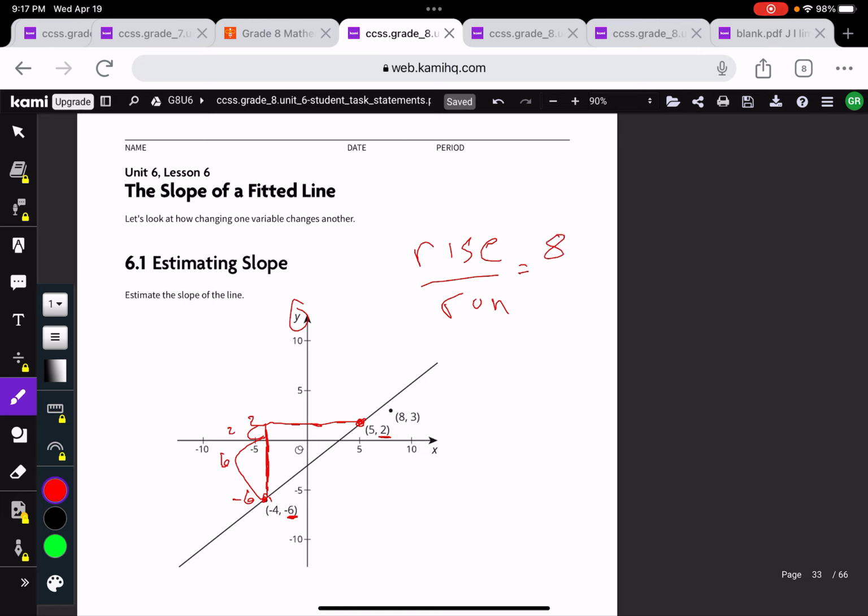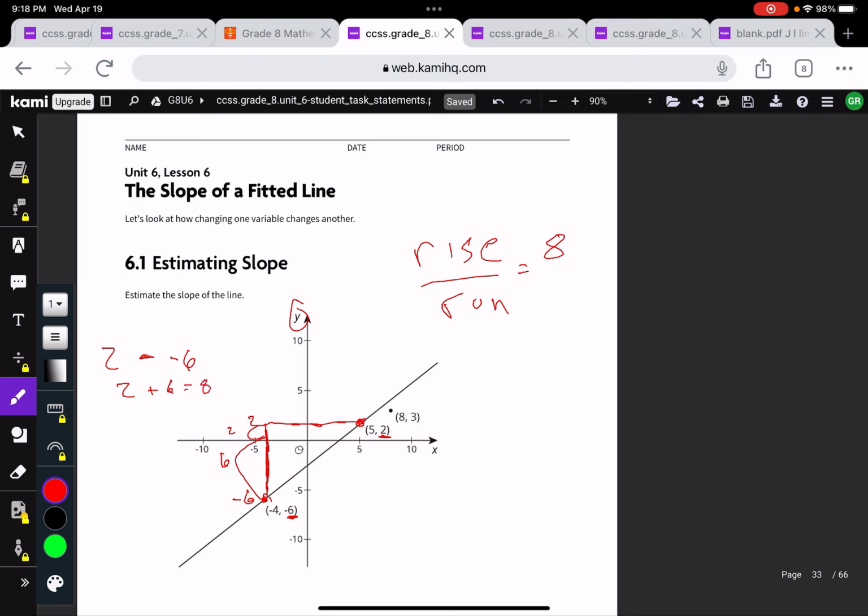If I really wanted to do this mathematically, finding the rise and the run is taking the difference between the y values and the difference between the x values. The difference means subtract. 2 minus a -6 is the same as 2 plus 6, and you get 8.